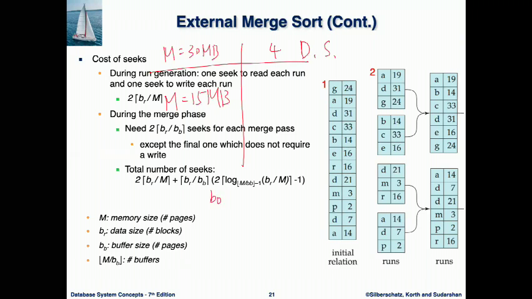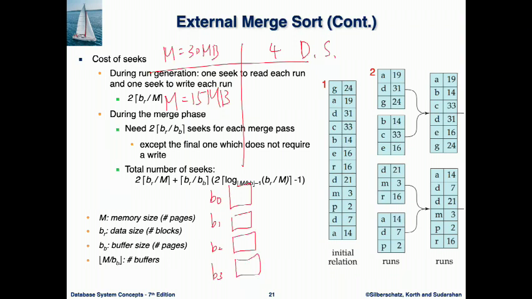So we have B0, B1, B2, B3, and there are 4 buffers because we are trying to merge 4 runs into one run using almost the same amount of memory space. And we have one output run, which is B prime. So we are again trying to do a 4-way merge.